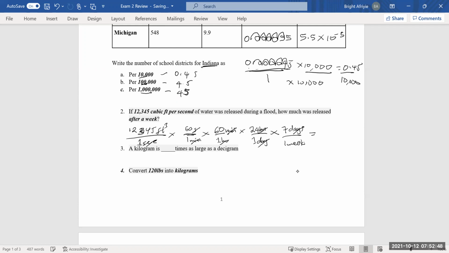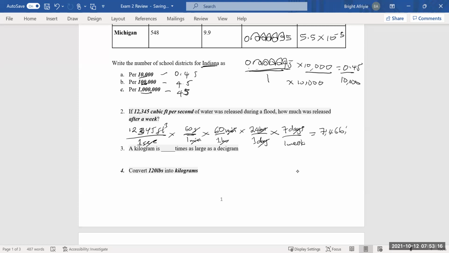Now that should be the end. So therefore you just need to multiply the numerator. So 12,345 multiplied by 60 by 60 by 24 by 7. All right, divided by 1 times 1 times 1 times 1 times 1, right? So basically that is 7,466.